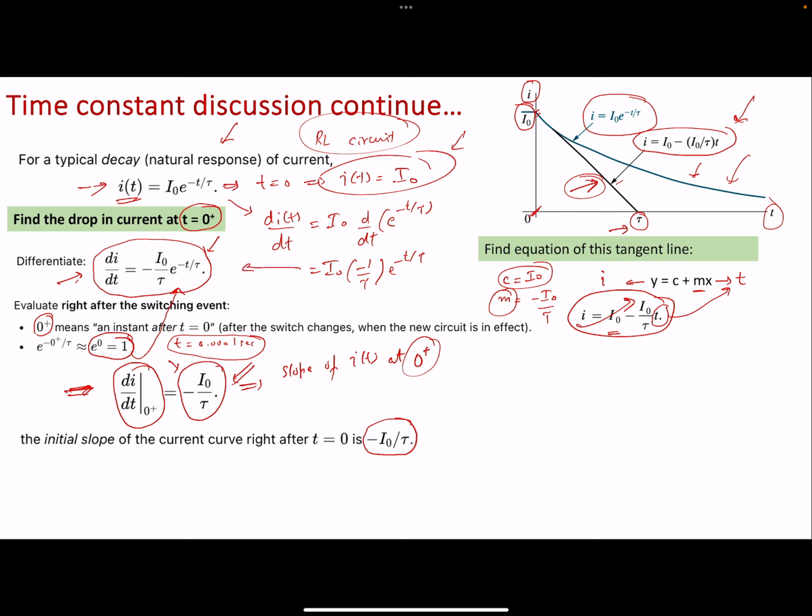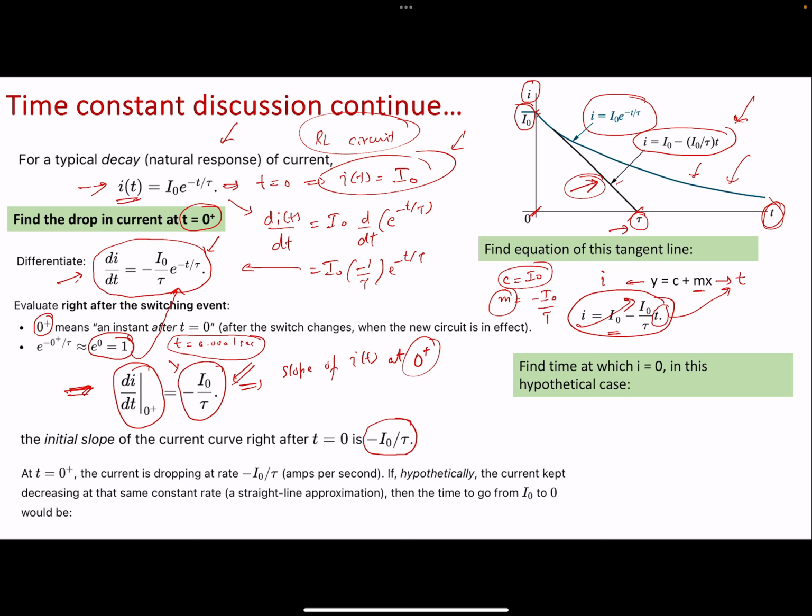The point and the useful thing is coming up shortly. What we are interested in is finding at what point in time on the time axis this line will intersect. Essentially, I am interested in finding the time t at which I becomes equal to 0.